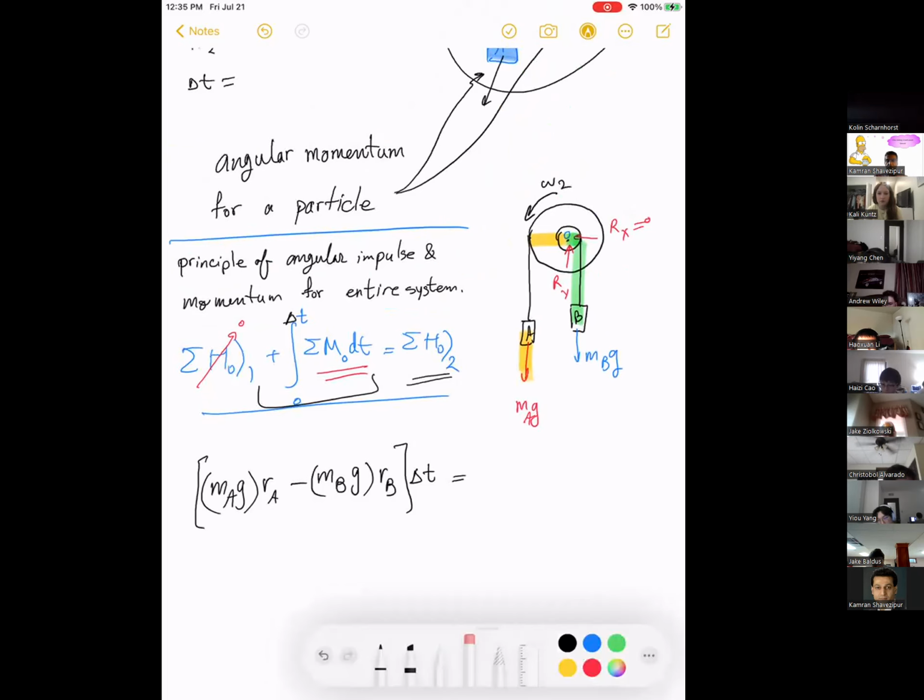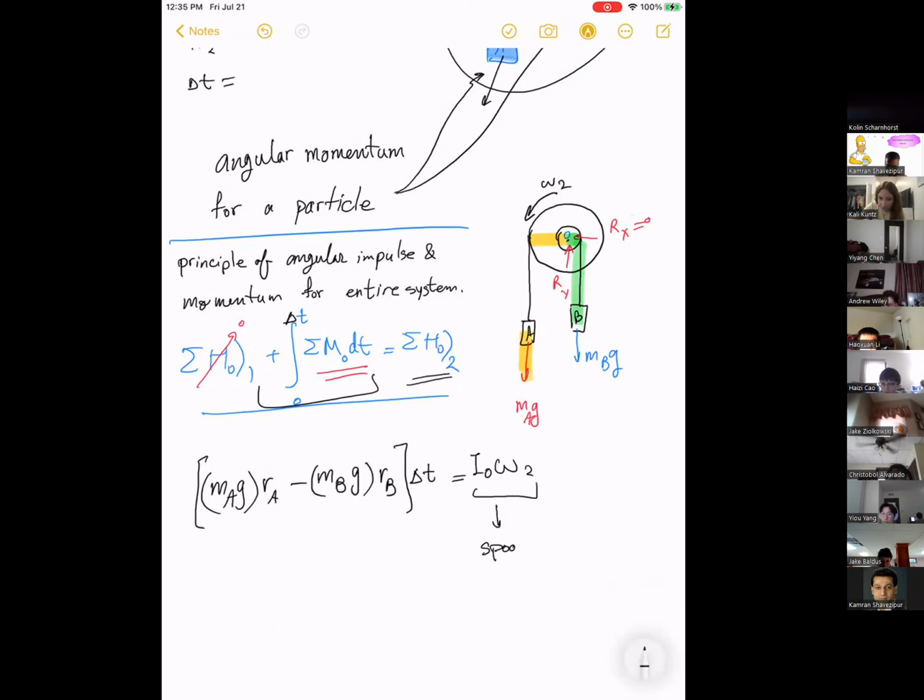Look at my hand. If I keep my hand on the plane of the tablet, I use my right hand and the angular momentum of omega is on top, going up. Let's say this is positive, right? So you're going to get I about O omega 2. And this is for the spool, right?